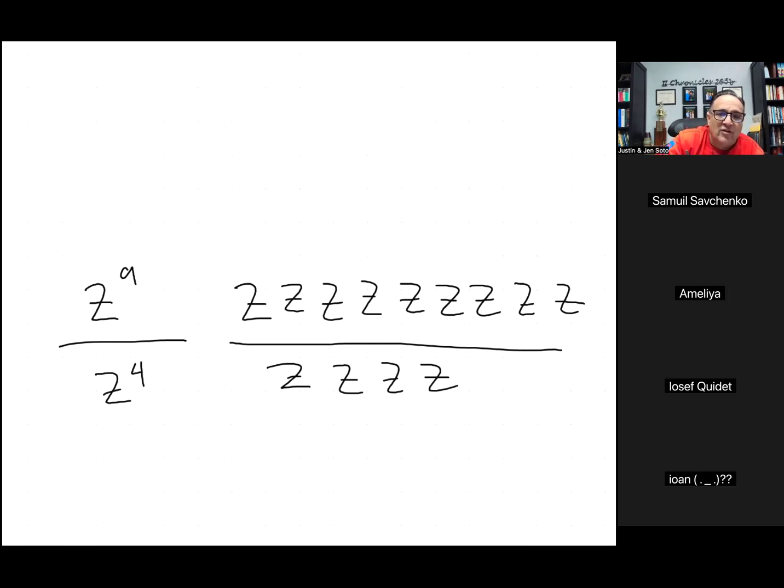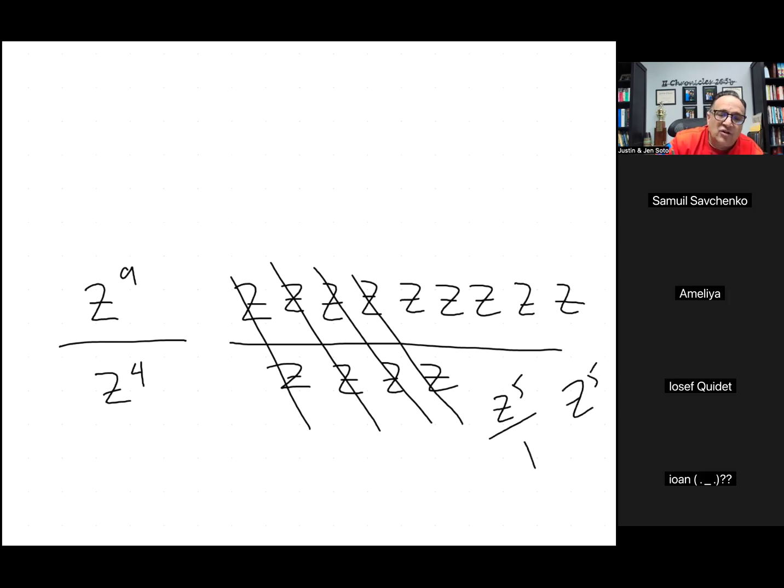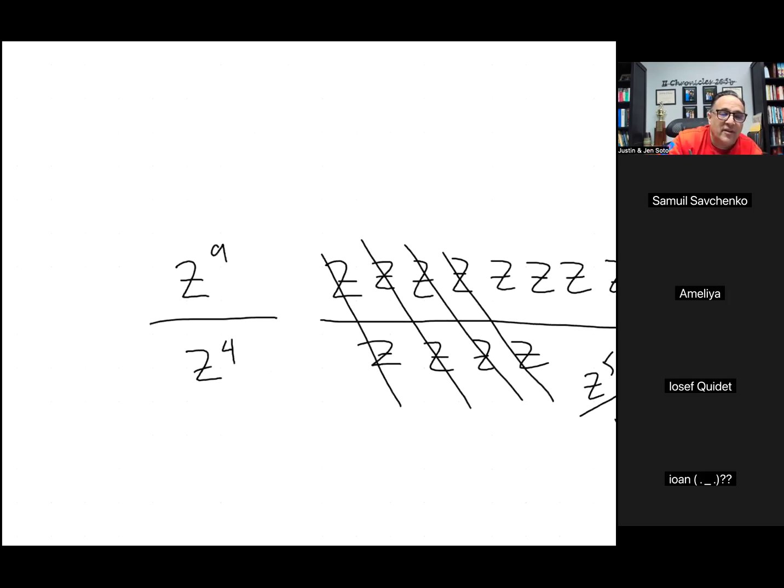These will cancel each other out, and you have z to the 5th over 1 left over, which is just z to the 5th. So your answer here for number 1 is z to the 5th. Okay, that kind of makes sense. Thumbs up.